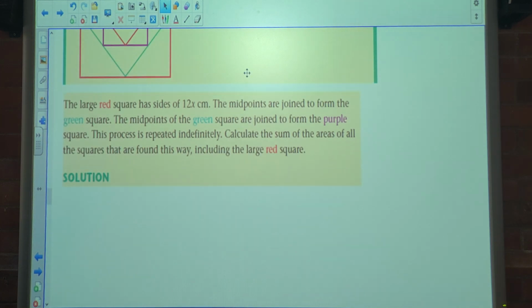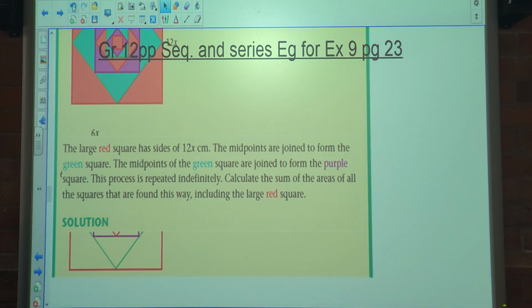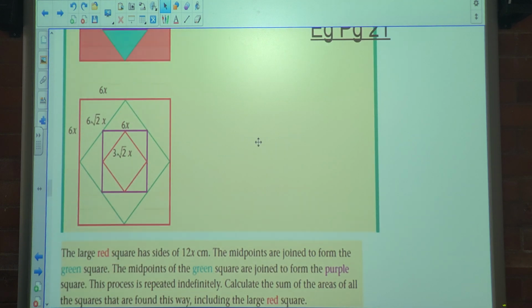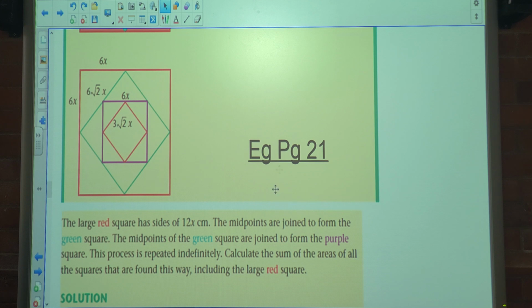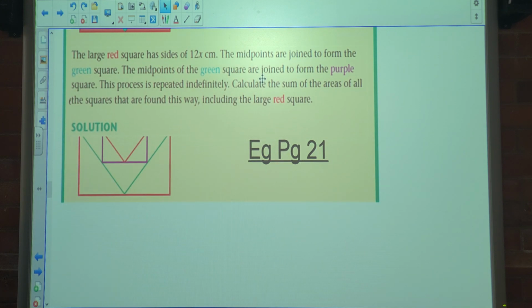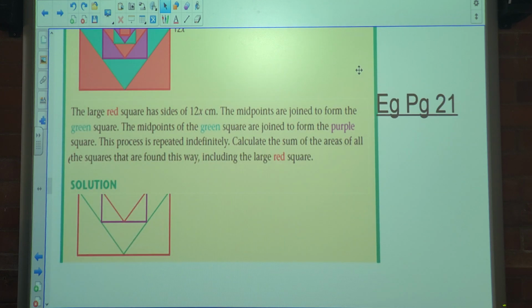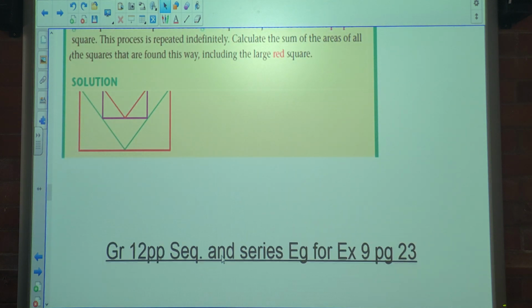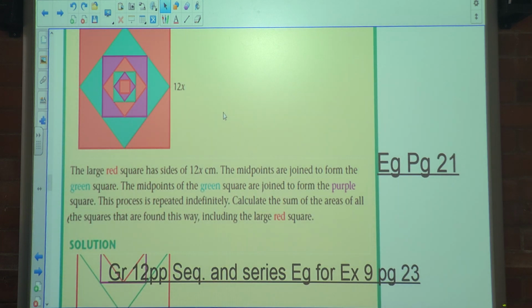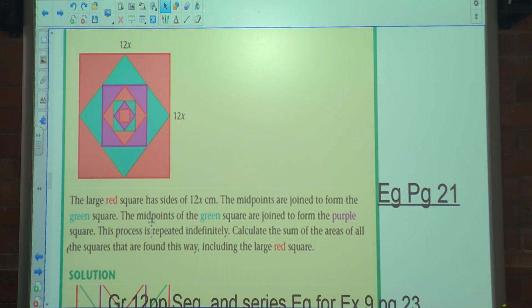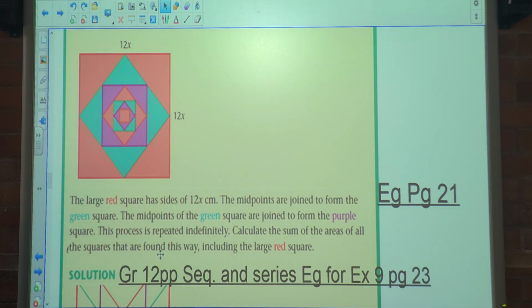So we are given first an introduction to the sum here, where we are told that a red square has sides 12x centimeters.